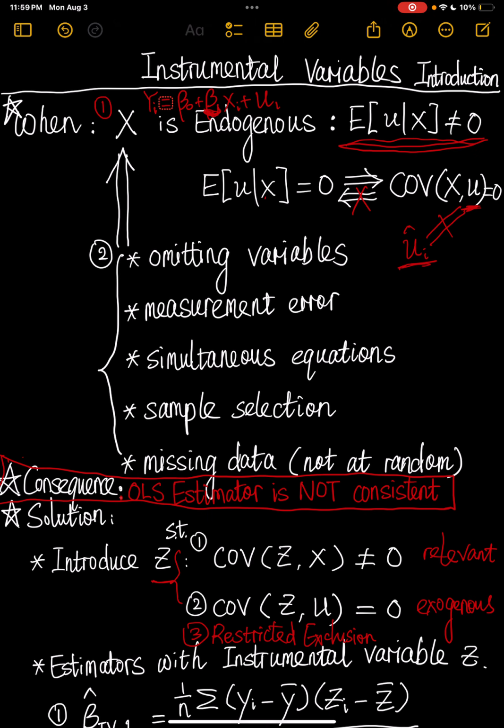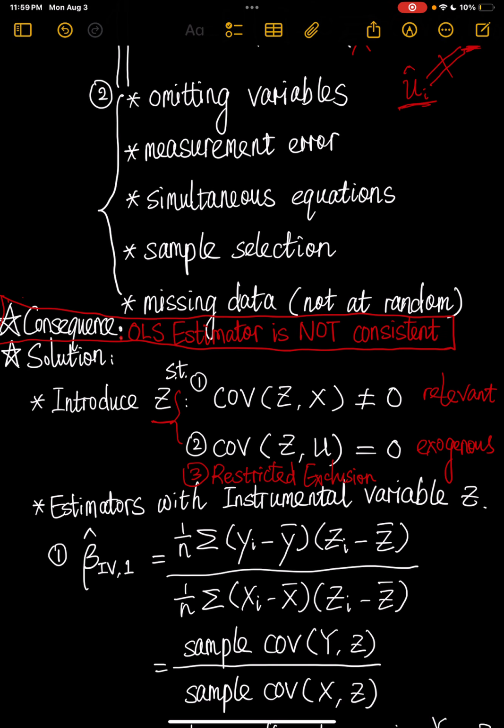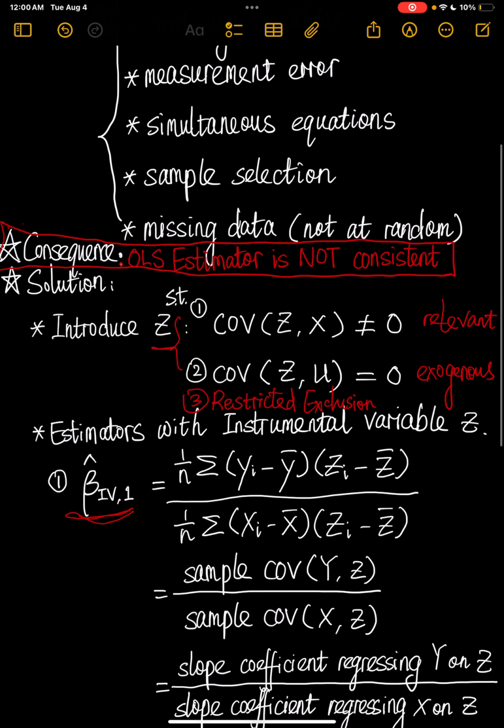So after we introduce this new instrumental variable z, we introduce a new estimator called the IV estimator, right? And this is its formula. We're going to show later that this new IV estimator is actually consistent for the true parameter beta 1.